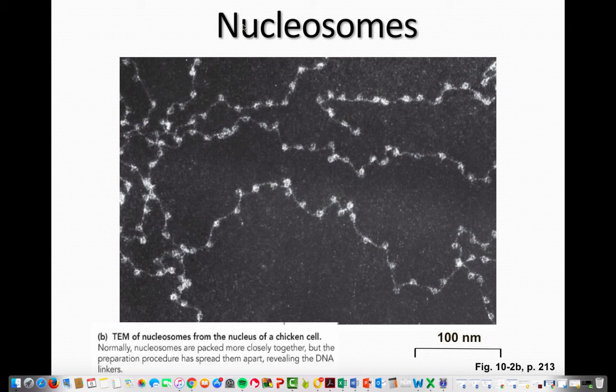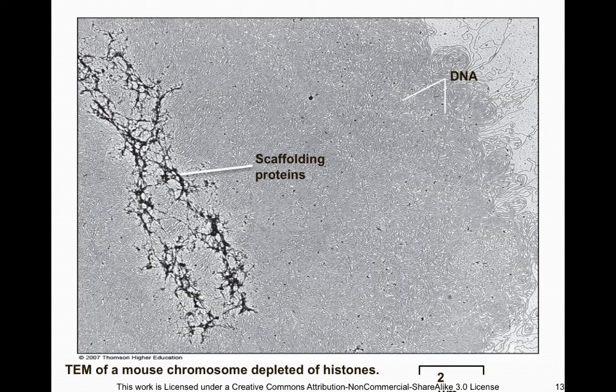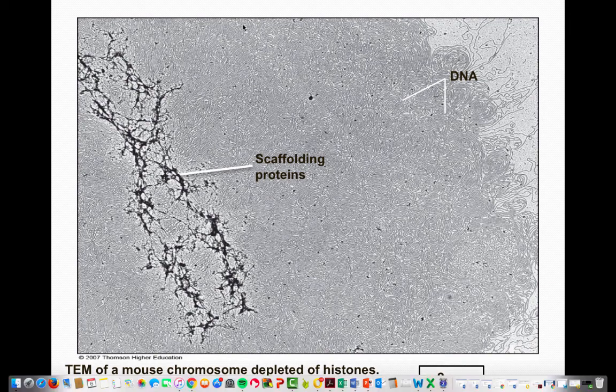place. Well, let's remove the scaffolding proteins and see what happens. Oh, Lord. Do you see all of this mess over here? Do you see all of this? Everywhere? Look, you can barely even look in it.